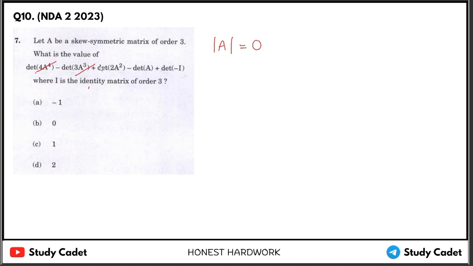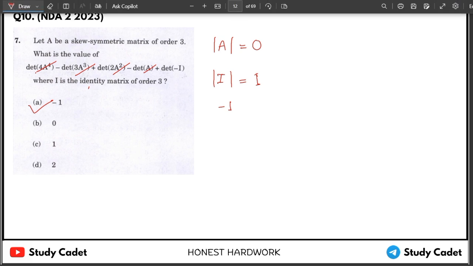It is 0, it is 0, it is 0. Determinant of minus I: determinant of I is 1, determinant of minus I will be minus 1, right?